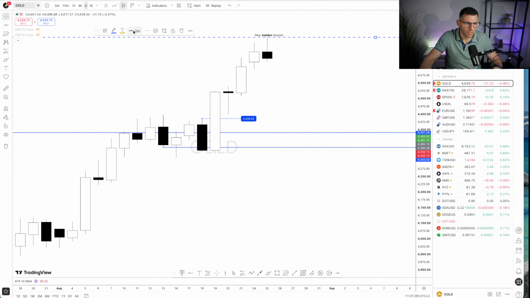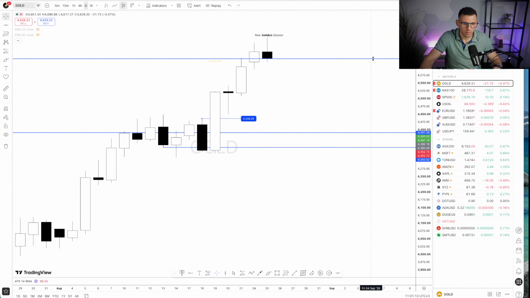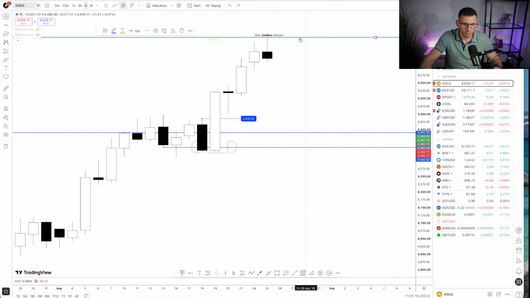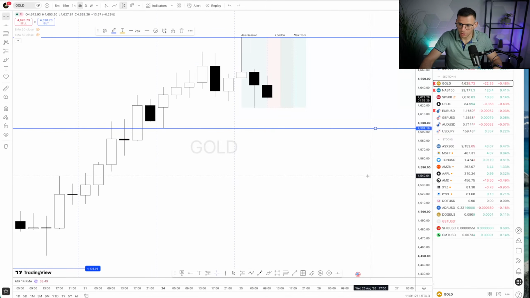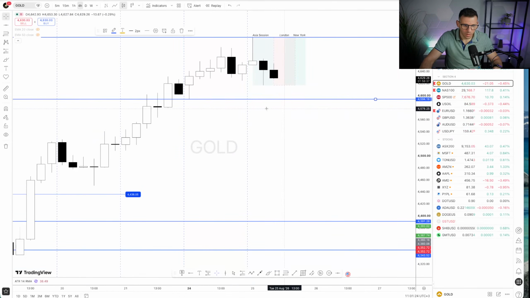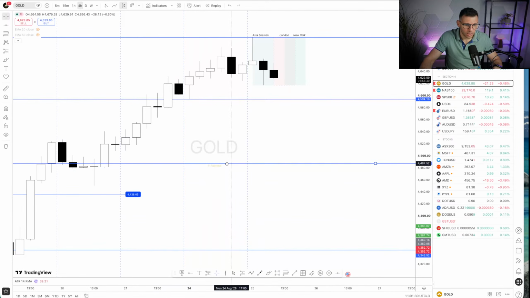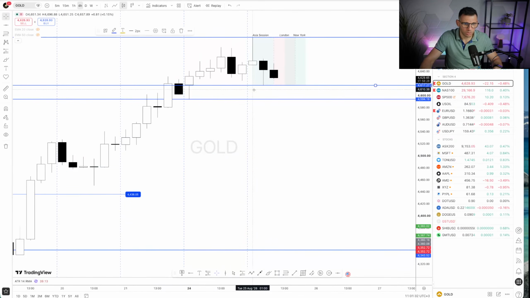Previous day's low. On the 4-hour chart, it's very, very relevant. The Asian's low, so I want to add it on the chart. The next key level becomes this one down here.